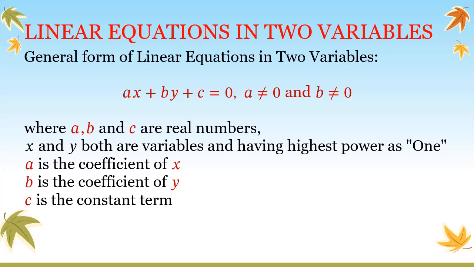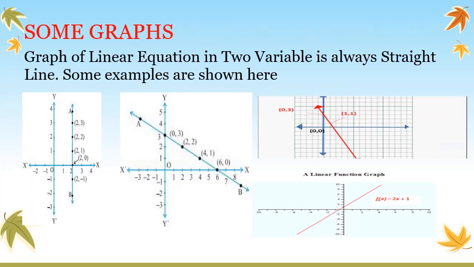Okay. Now, in ax plus by plus c equals 0, a, b and c are real numbers, x and y both are variables and have highest power 1. That is why it is called a linear equation. Also a is the coefficient of x, b is the coefficient of y and c is the constant term. We know that the degree of a linear equation is 1.